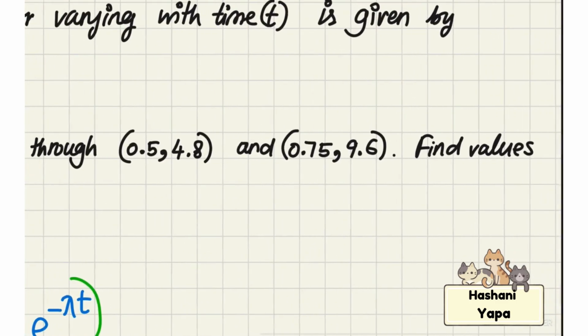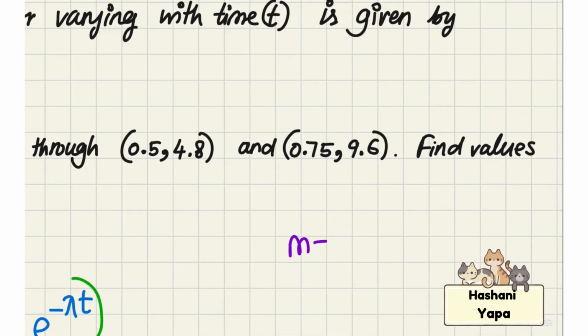Let's find the gradient quickly. m is equal to y2 minus y1 over x2 minus x1.